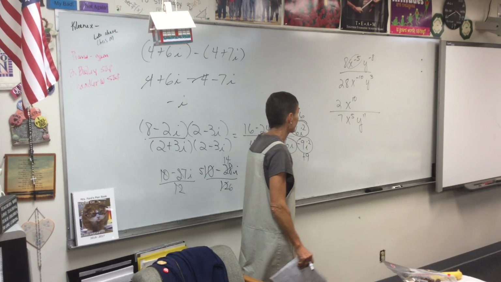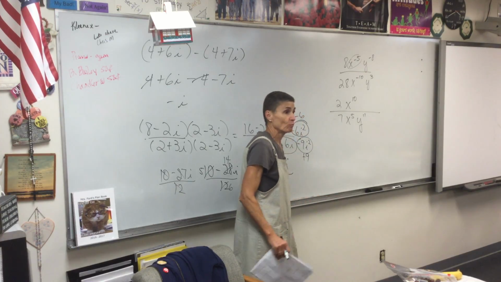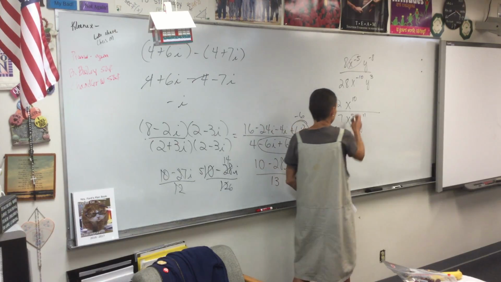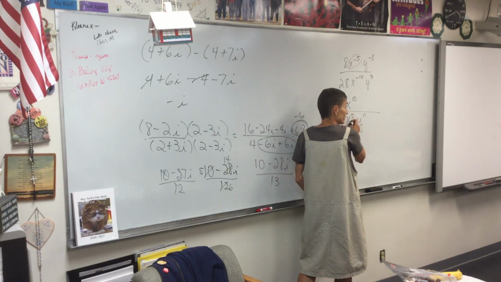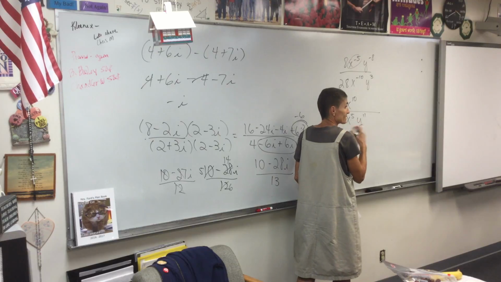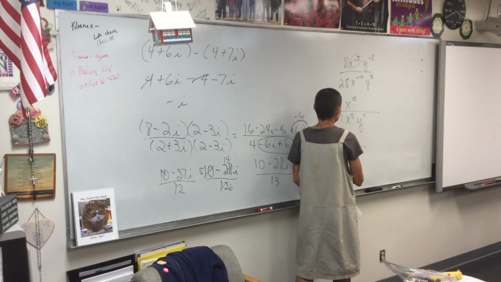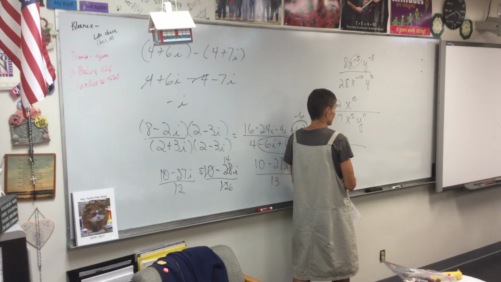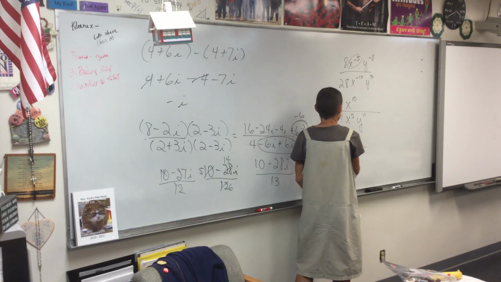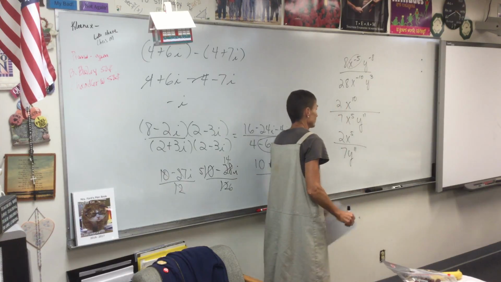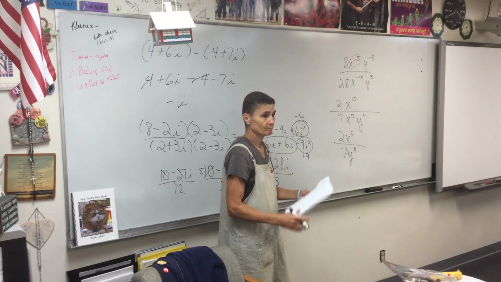Now, we're not quite done. We have one more thing to do. These x's need to cancel, right? You don't want to have 2 x's in your problem, or 2 y's. So let's see, who has more, the top or the bottom? Top. How many more? 5. So we have 2x to the 5th on the top, and 7y to the 11th on the bottom.